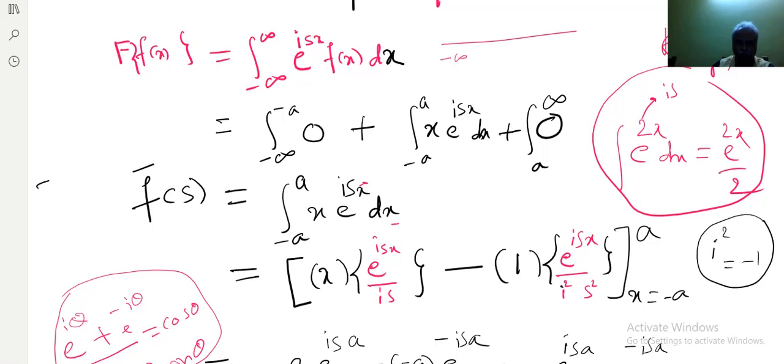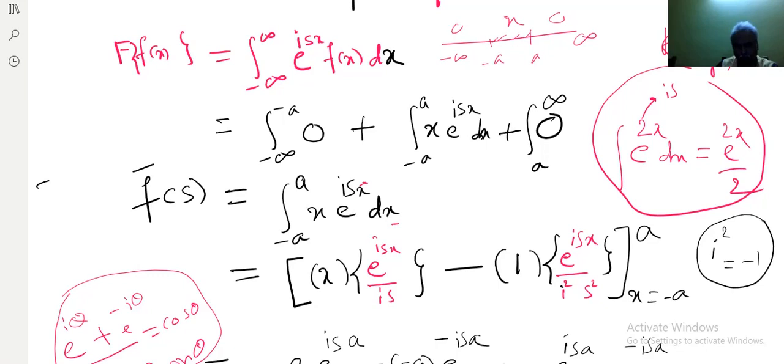Minus infinity to minus a, minus a to plus a, where it is x here, 0 here, and a to infinity 0 here. So three parts broken. So only the middle part you are integrating by integration by parts. So differentiation function x, integration function e raised to i s x, differentiation function keep as it is, differentiate it becomes 1.